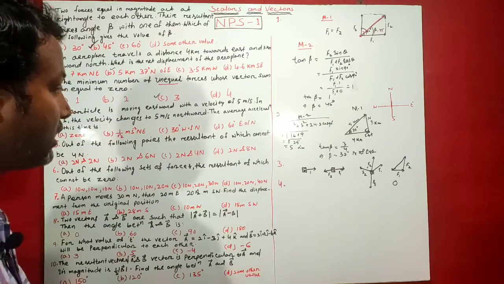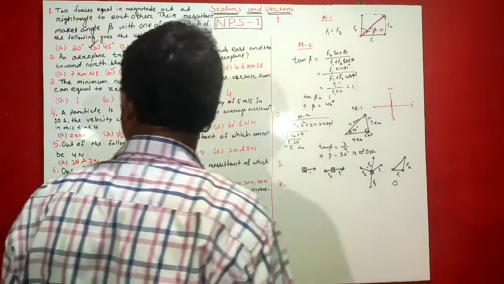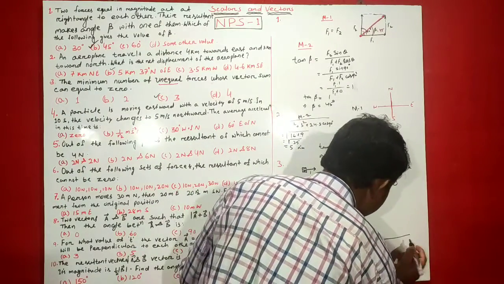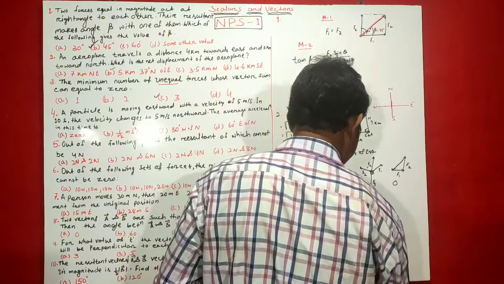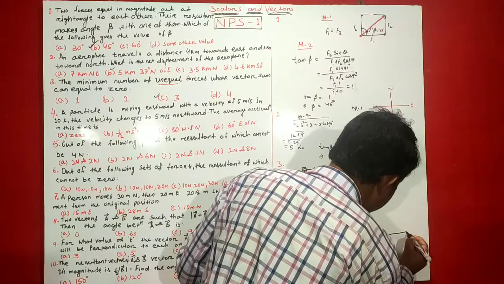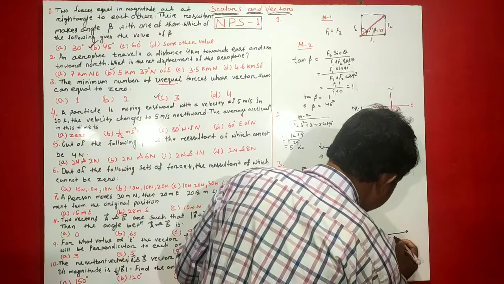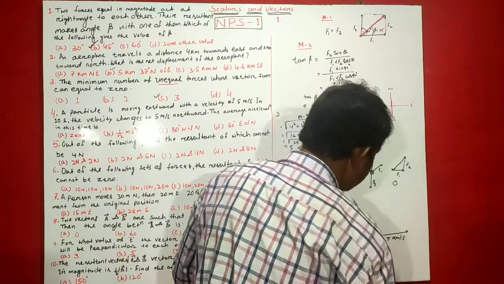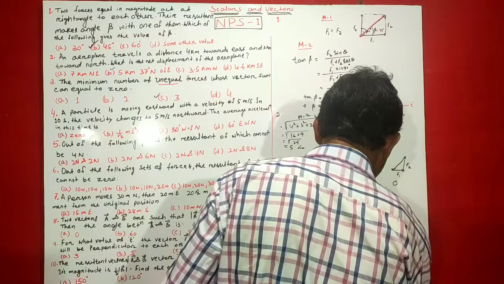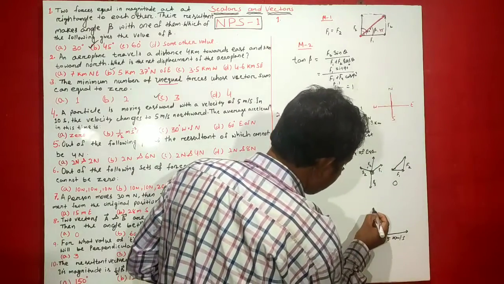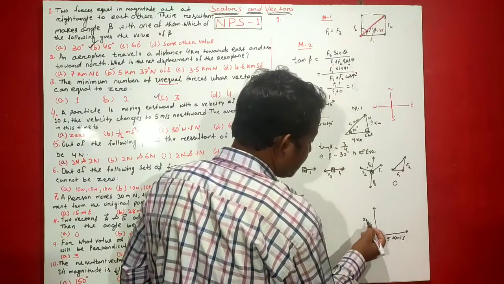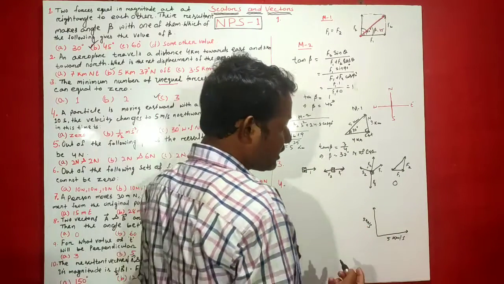So look, guys, the particle moves with 5 meters per second in the eastward direction, and then 5 meters per second in the northward direction.